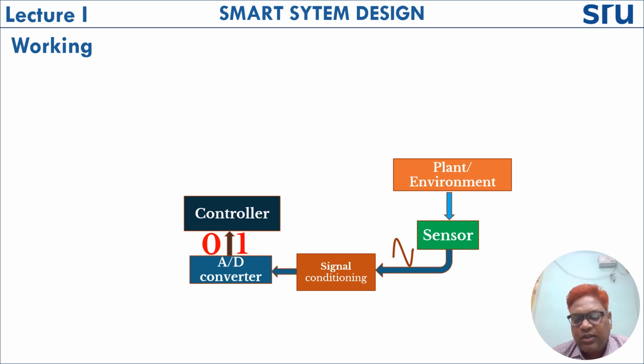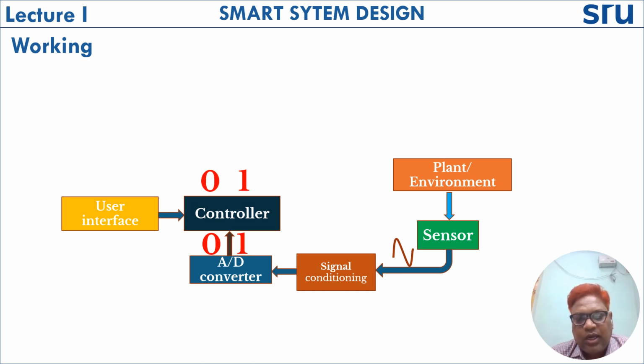And one more thing, in the air conditioner case, sometimes the user is also giving some inputs with the help of a remote. So it is taking the room temperature as well as user inputs. Based on these two values, it will generate some control signals to the actuators.